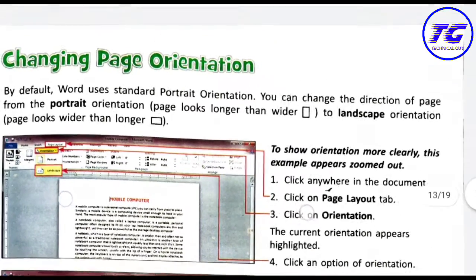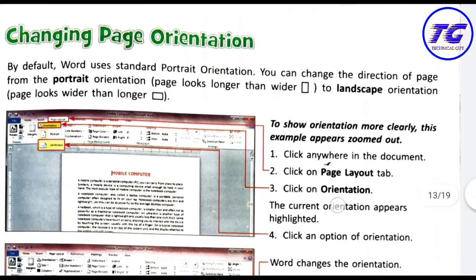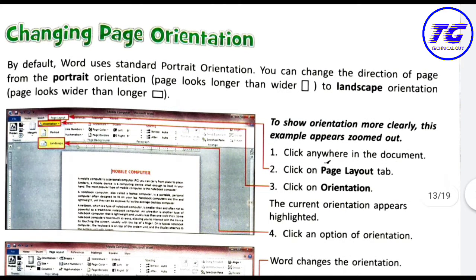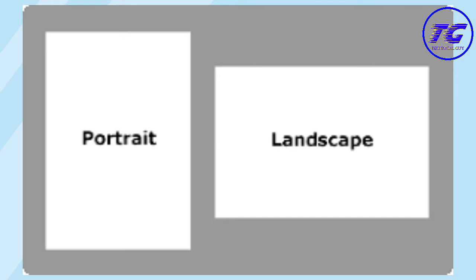Here you have the page orientation. Page orientation means in which format you want to type the document, or in which format you want to print the document. Two types of orientations are there: landscape and portrait. By default the page orientation is portrait.